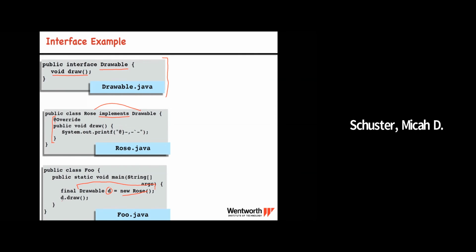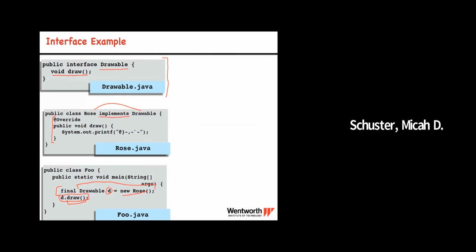And then I can do d.draw, because every single Drawable must have the draw method, because that's the contract. If you are Drawable, you have a method called draw. So interfaces get us polymorphism, just like inheritance. Inheritance gets us polymorphism, so do interfaces. They're another way for us to do this style of code.